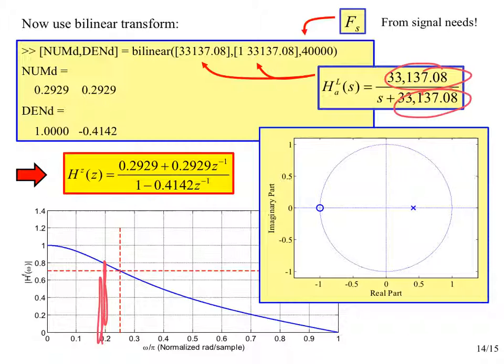That's because of the warping. So we pre-warped it out. Instead of 31, we took it out to 33,000 and change. And now when it comes back in, it ends up at exactly pi over 4, and pi over 4 with a 40,000 samples per second sampling rate corresponds to 5,000 hertz. So we have our cutoff frequency exactly where we want it. So that's a nice little example there.